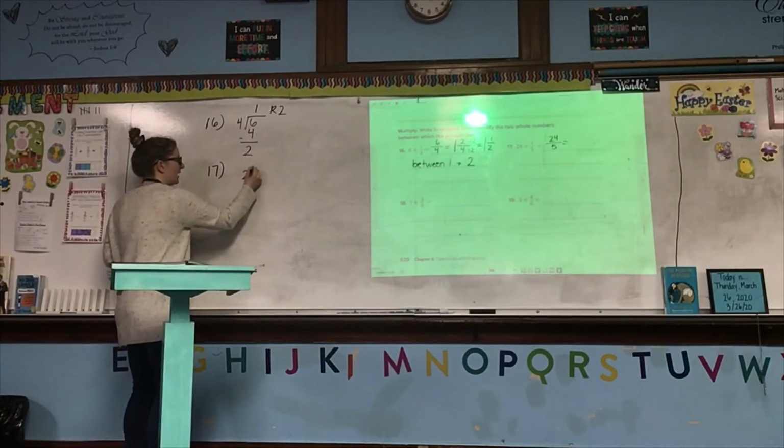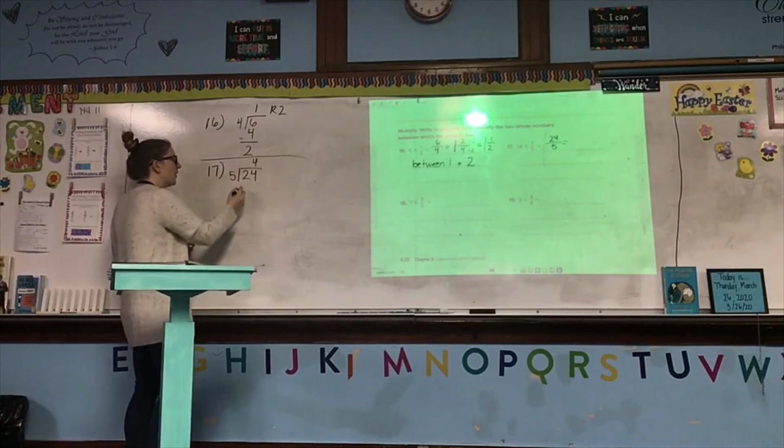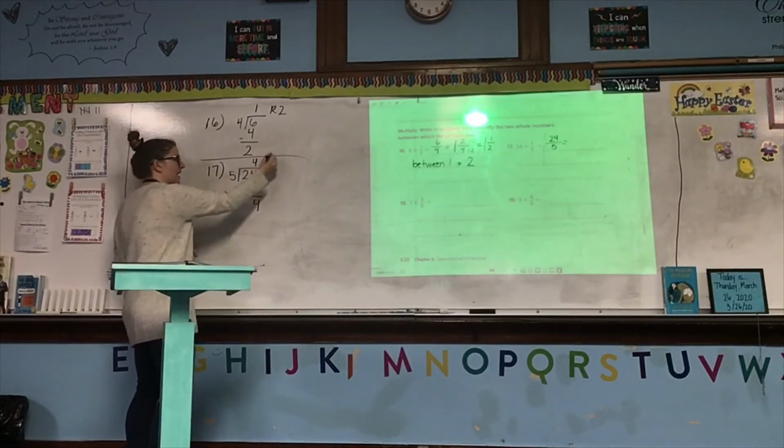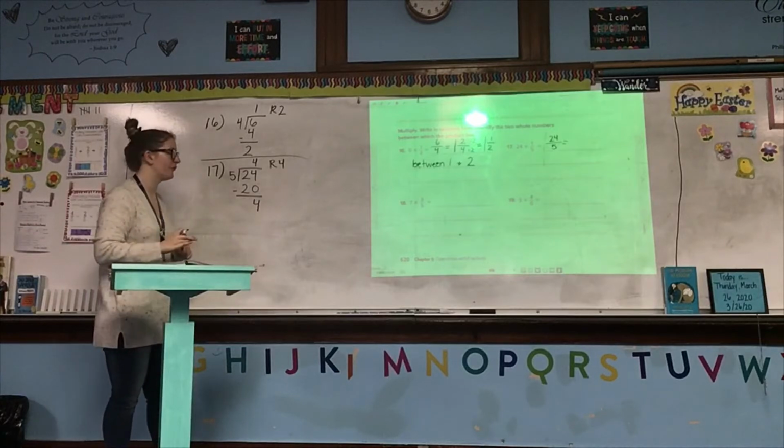We're going to divide our numerator by our denominator. 5 goes into 24 4 times. Let me draw a line there so you can see the difference. 4 times 5 is 20. 24 minus 20 is 4. 4 is less than our divisor. So that means our answer is 4, remainder 4.